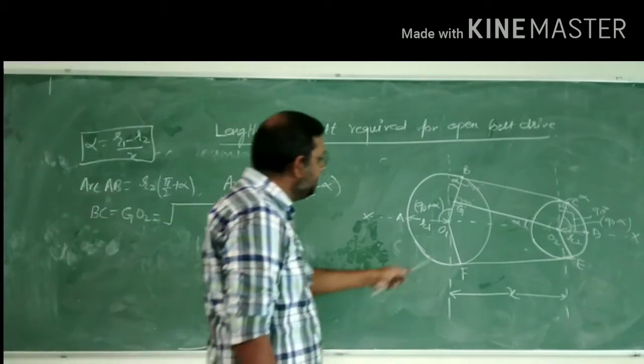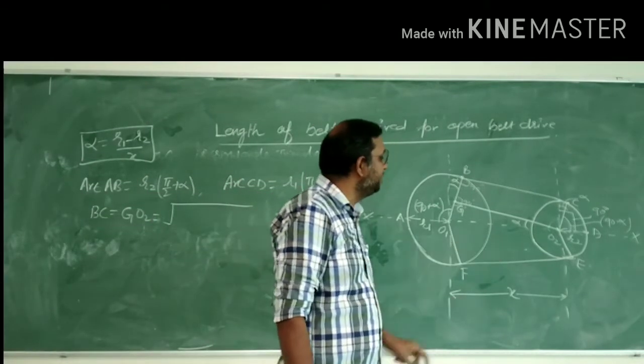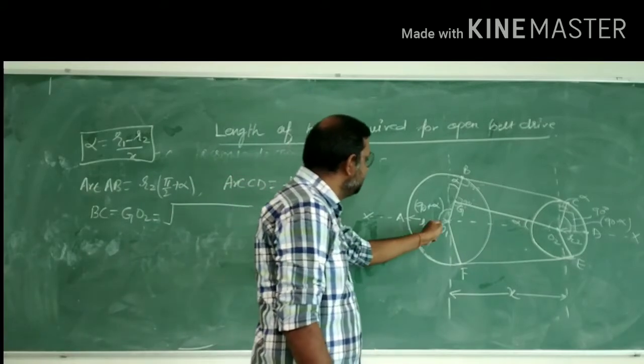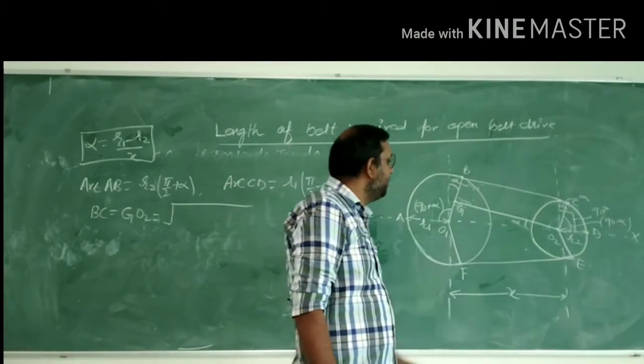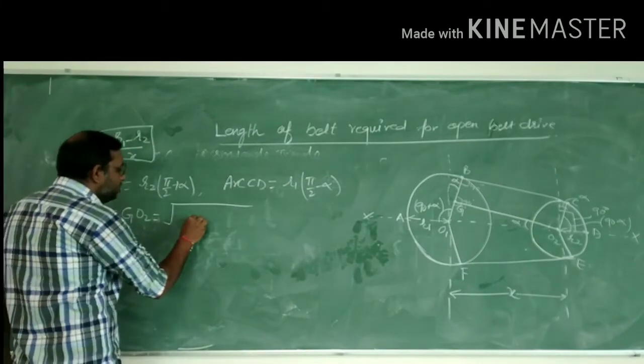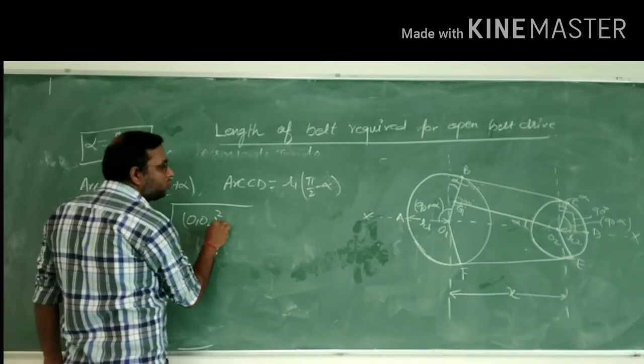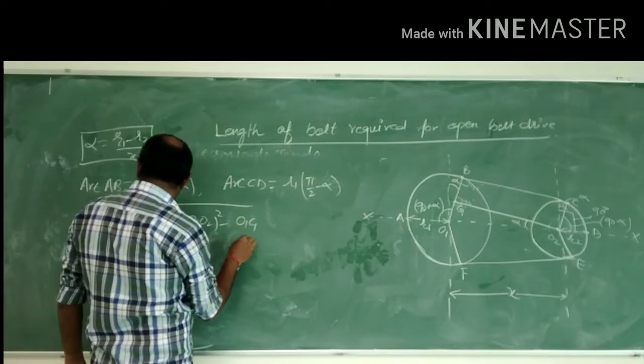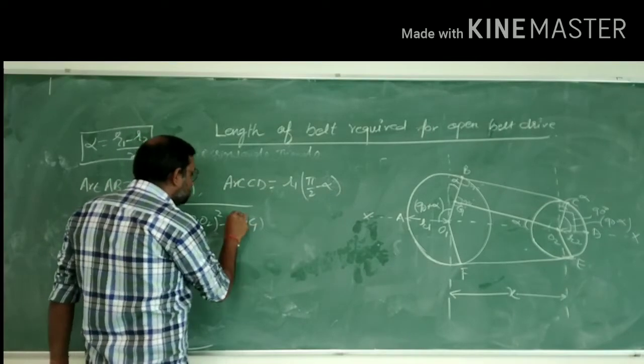Okay, so where is hypotenuse? O1 O2 is the hypotenuse. Okay, this is the perpendicular and this is the base. So here we need to find out base. So it would be equal to O1 O2 square minus O1 G square.